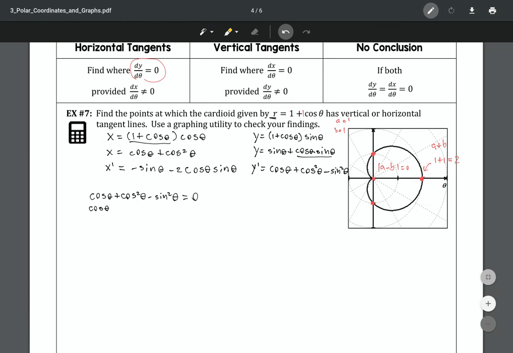Now, I'm sure you could use a calculator, but let's say that you weren't. Since all of these are already cosines, I'm going to use a trig identity to convert sine squared into 1 minus cosine squared. That will leave me with 2 cosine squared theta plus cosine theta minus 1.